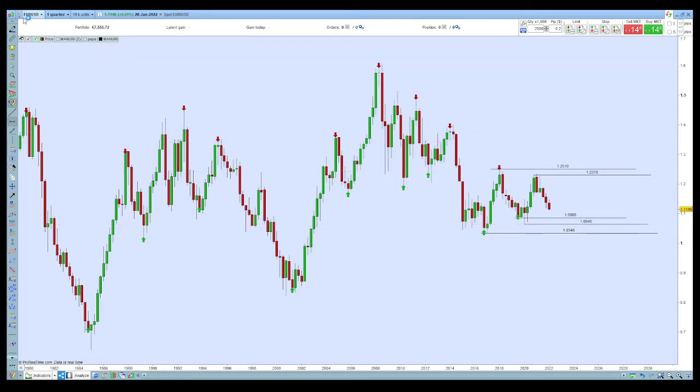And we are looking at the Euro USD quarterly chart. That means every 3 months, one bar representing 3 months.